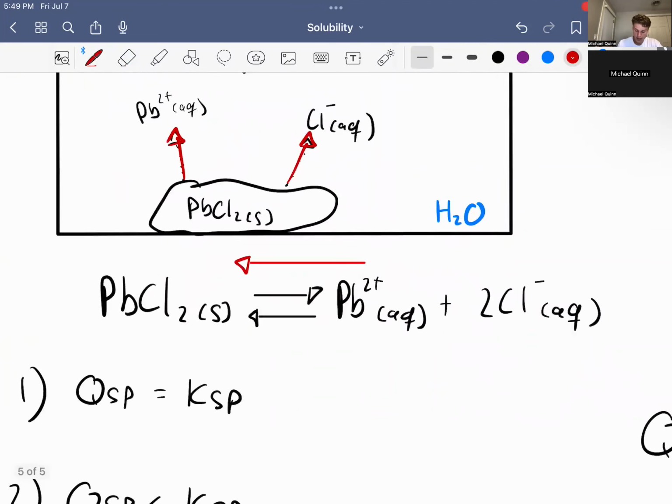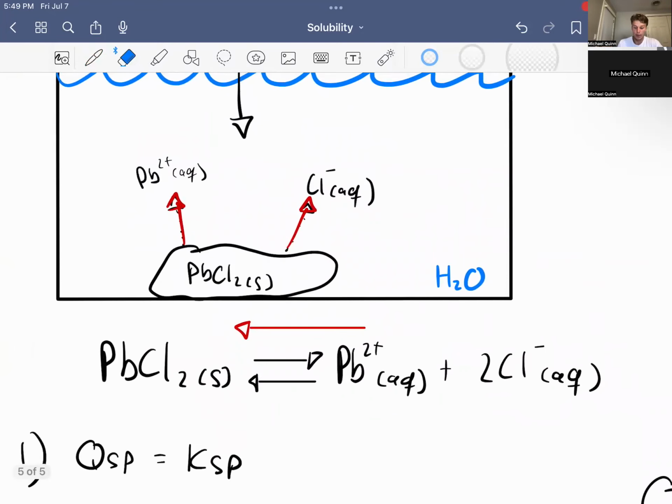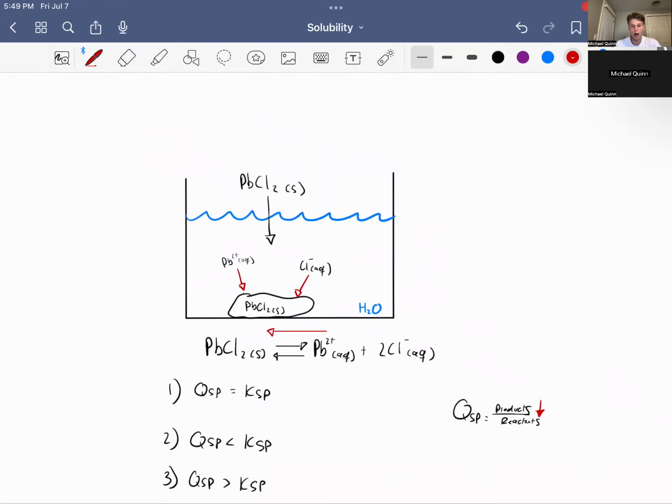So if Qsp becomes greater than Ksp, that means that we went a little bit too far with this reaction. That means we made too much of our lead and chloride ions, and we need to actually start forming some more solid because we overshot our reaction and we made Q bigger than K.